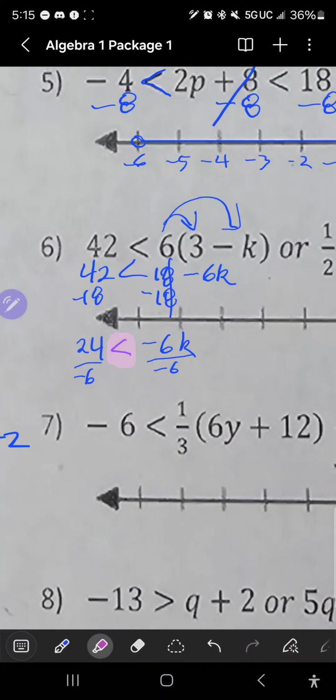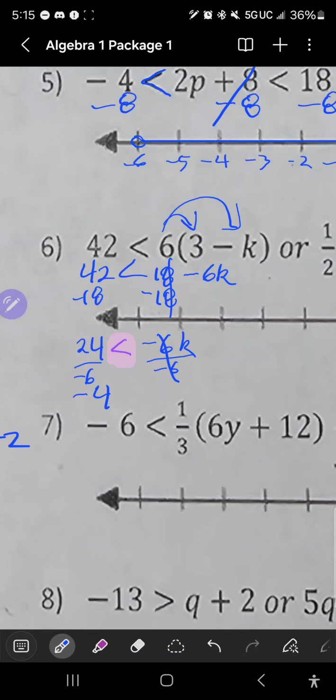This is going to change the position. So 24 divided by -6 is going to be, well, 24 divided by 6 is 4. Since 24 is positive and the 6 is negative, our result is going to be -4.